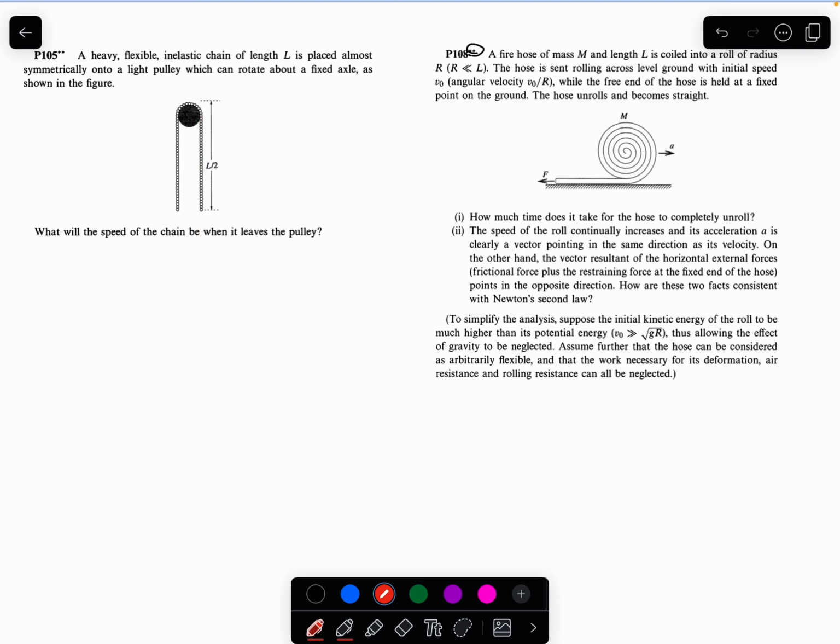So let's think about what will happen if the velocity of the chain is very big. It might be something you can find here. The velocity is very big, and then this part will go up, and it becomes something like this, while this part is still closely attached, but not attached.